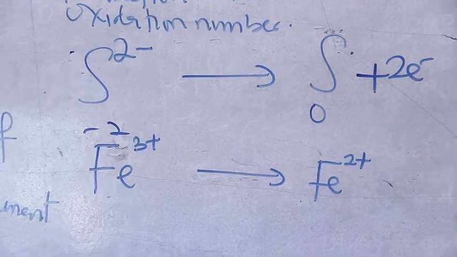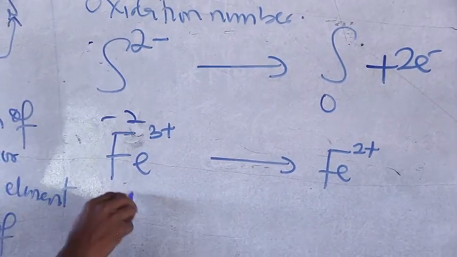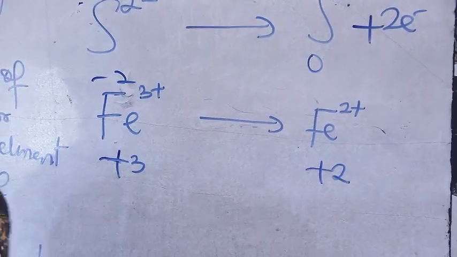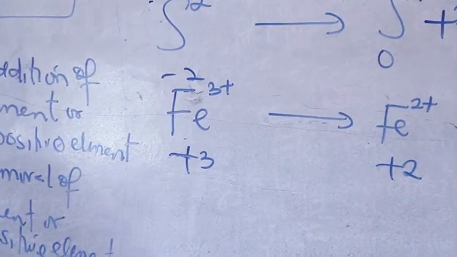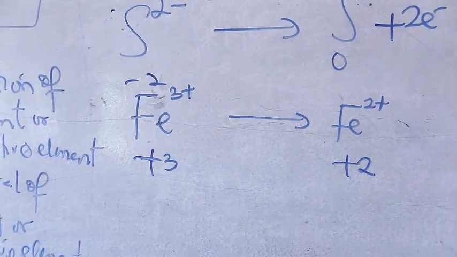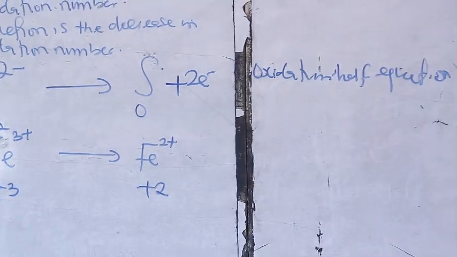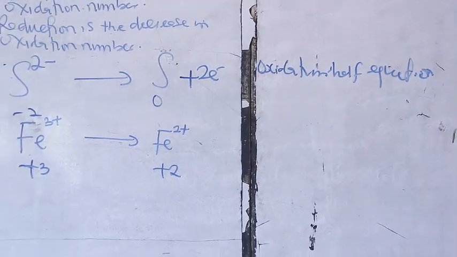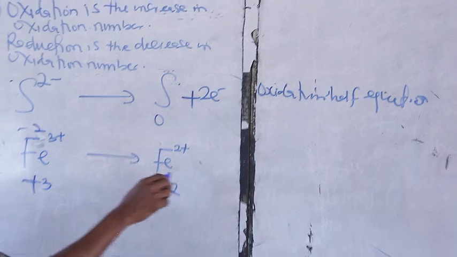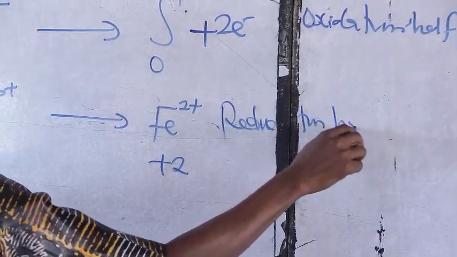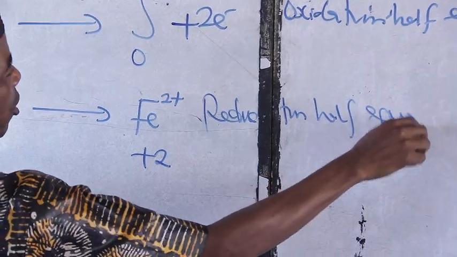Because the oxidation number of iron here is +3, and here it is +2. That means there is a decrease in oxidation number. What process is a decrease in oxidation number? That is reduction. So it means for this one, reduction.